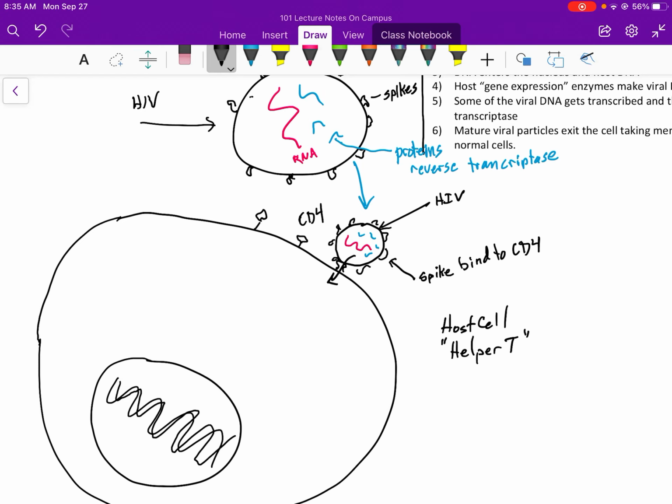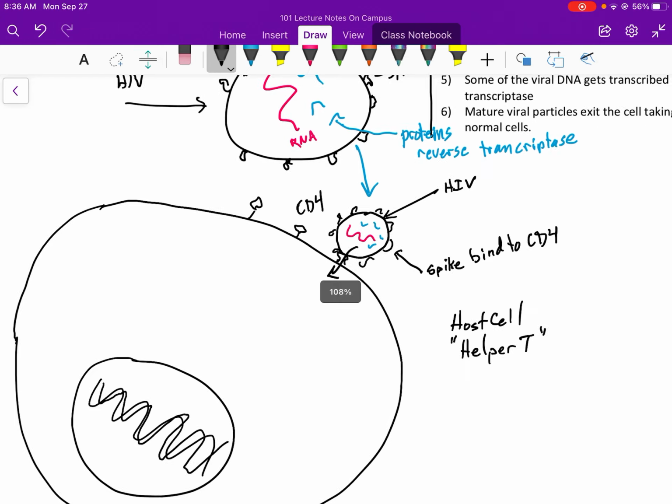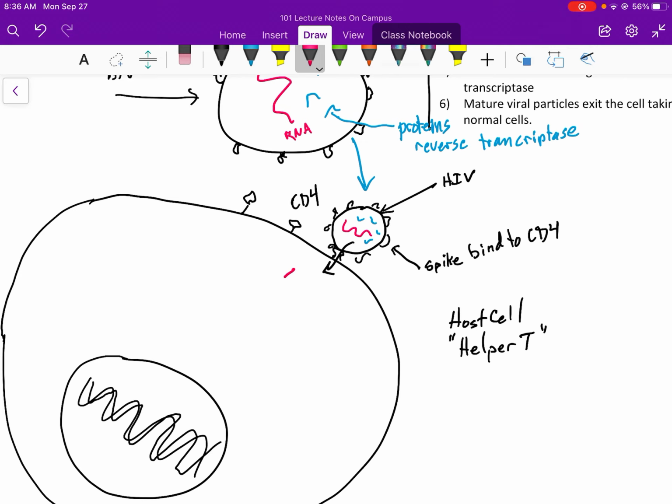All right, once it comes in, we have a single strand of RNA virus in there, and we also have with it reverse transcriptase, which does the job of making a complementary strand, right? So this is really pretty amazing.